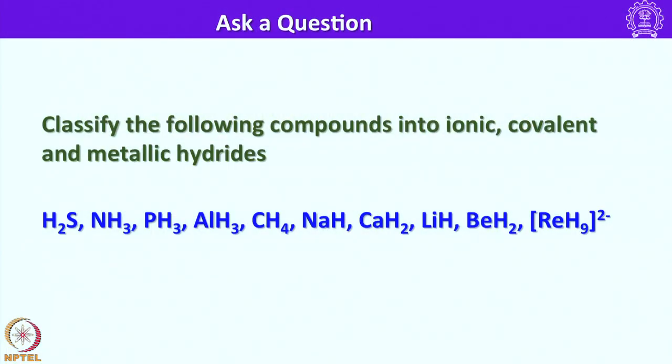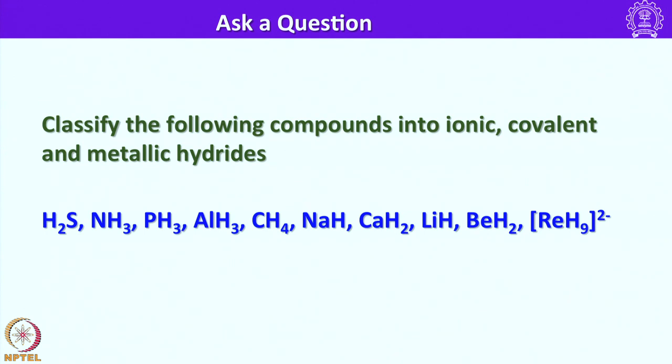Okay. So, now let us have some questions. Classify the following compounds into ionic, covalent and metallic hydrides. We all know that alkali metals and alkaline earth metals form ionic hydrides because they are extremely electropositive elements, whereas p-block elements form covalent hydrides and transition metals form metallic hydrides.